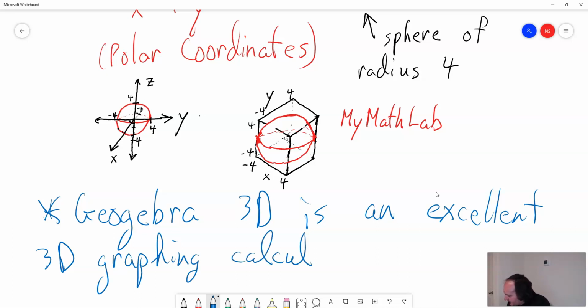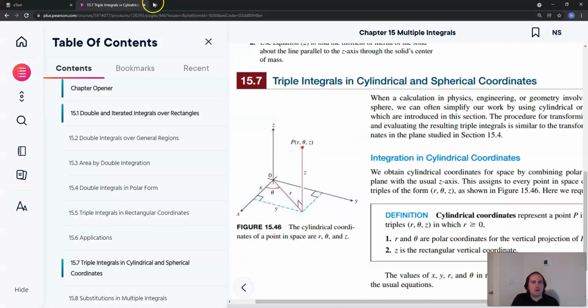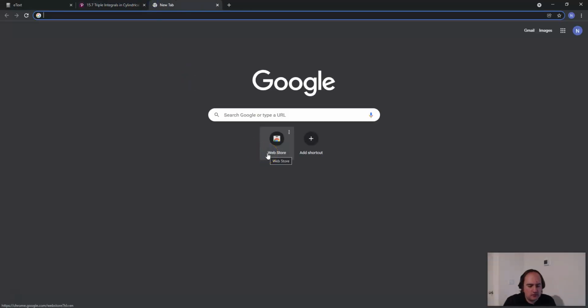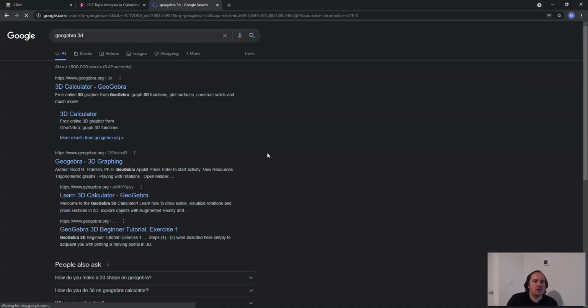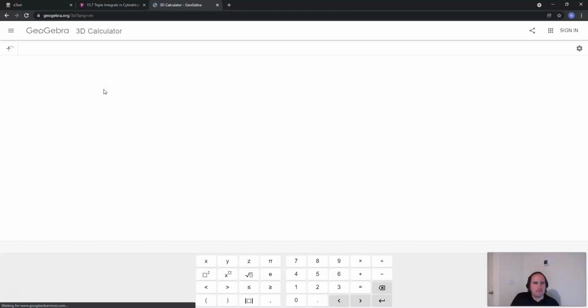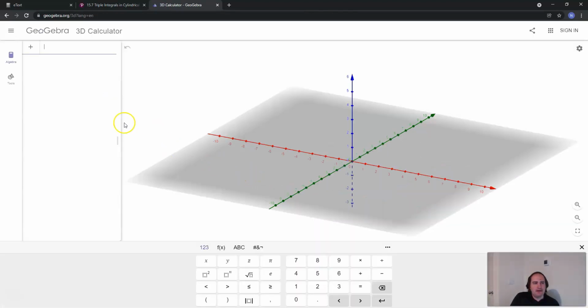And of course, with my class, at least this semester, we're all online, so you can use this Geogebra 3D. So you just go to your web browser, and then you go to Geogebra 3D. Just type it into Google, and then it's the top hit, 3D calculator Geogebra. And then you're going to see on the top left corner here, you can enter in your equation.